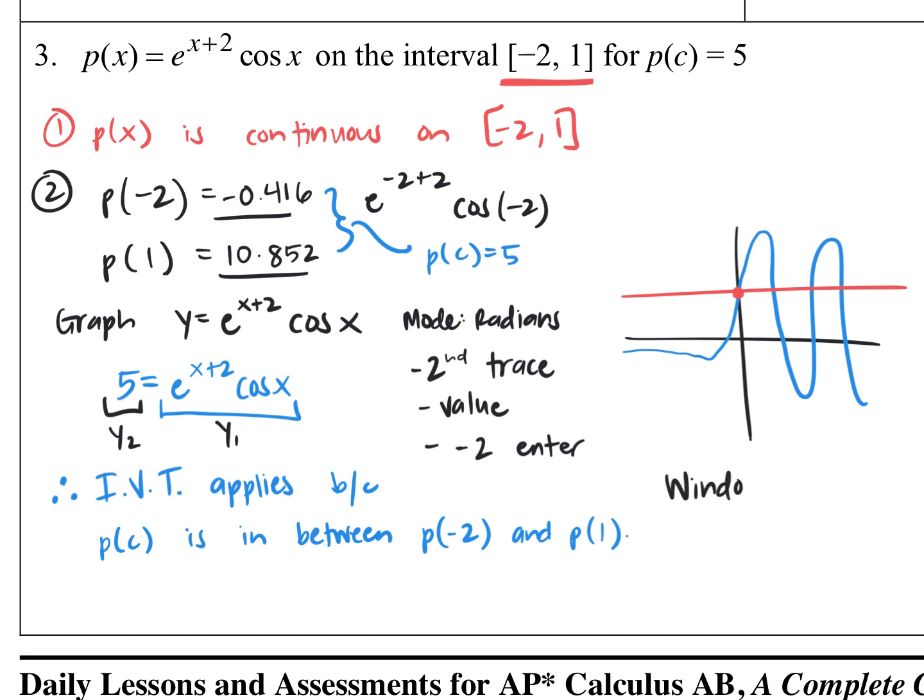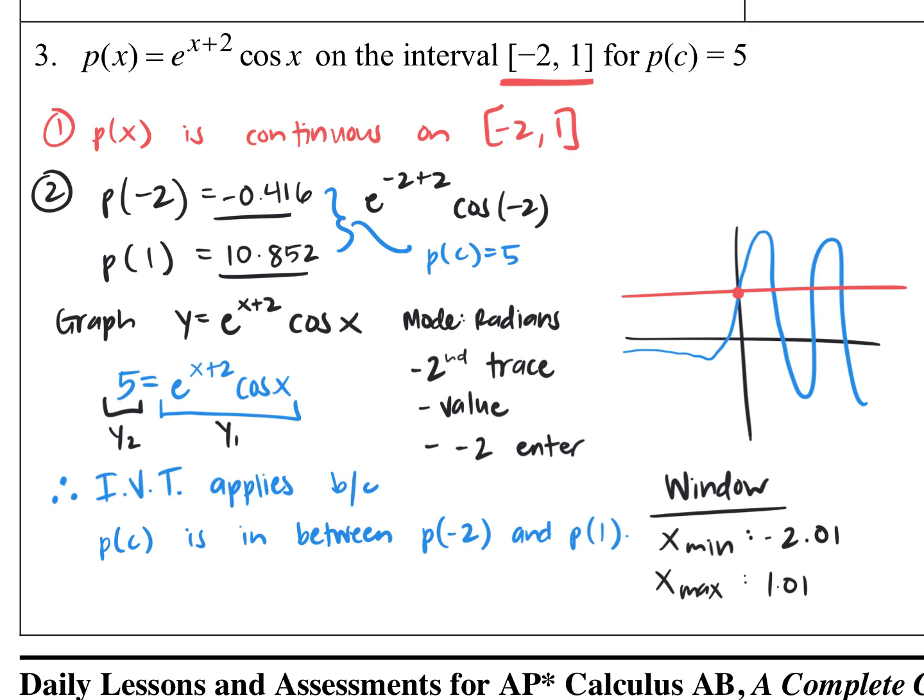So we are going to change our window on our graphing calculator to be x minimum of just below -2, like -2.01, and our x maximum just a little bit above 1, so like 1.01. If you change your window, it'll be a little bit easier to see what happens.